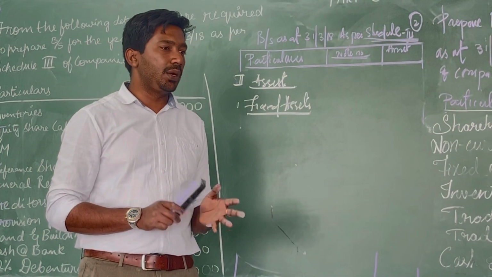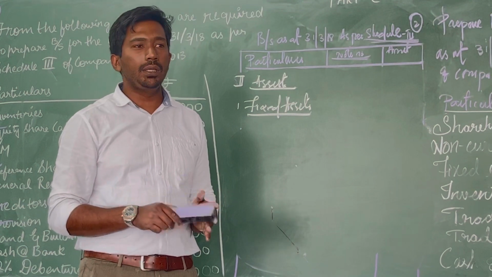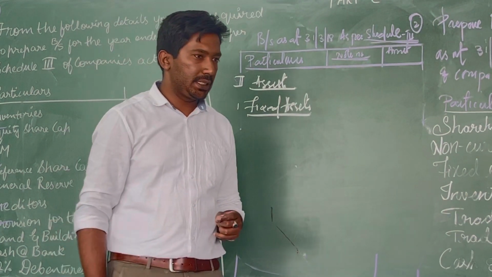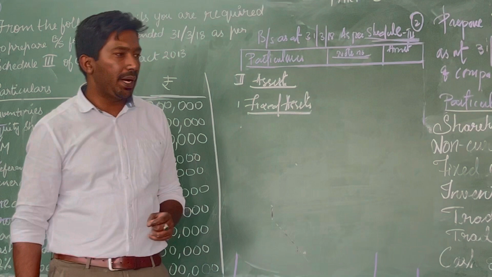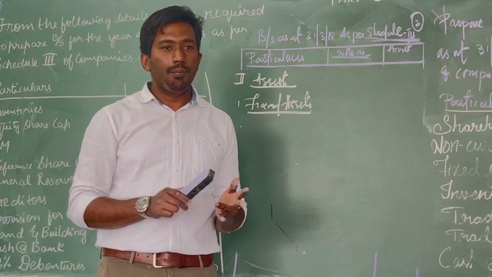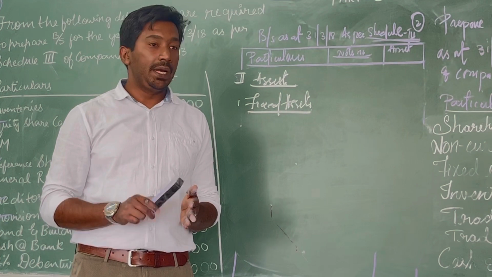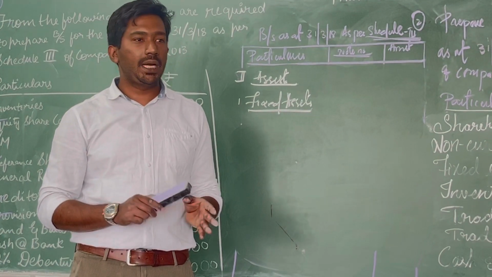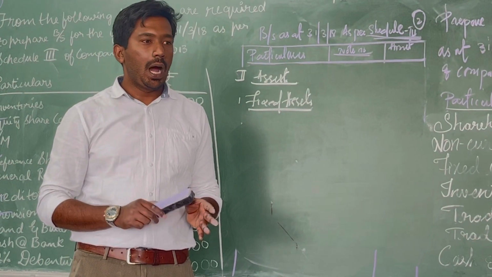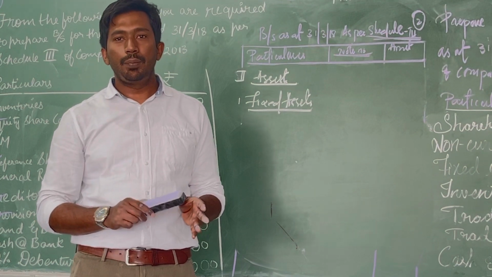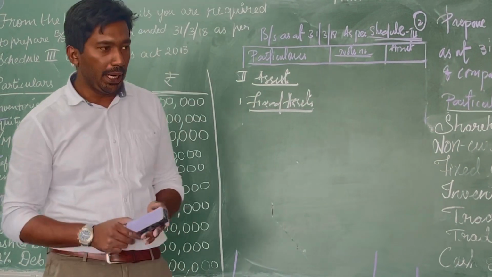All this, and goodwill, patent, copyright, comes under fixed assets. And current asset maximum items: debtors, bills receivable, loans and advances, inventories, outstanding incomes and prepaid expenses.